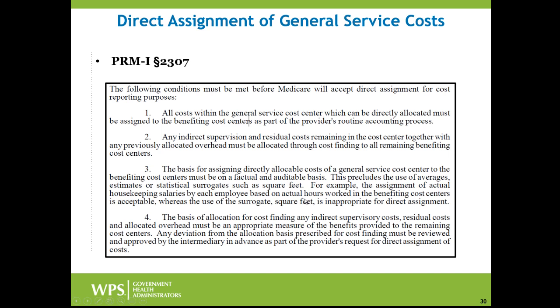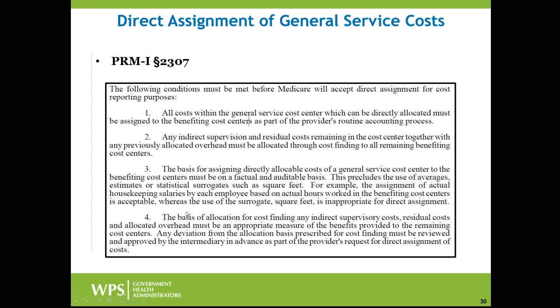You have to track the actual hours worked throughout the entire year, not some time study, not some estimate, the actual specific hours worked by that particular housekeeping employee in each of the different departments or cost centers throughout the year. If you know the actual hours and you can multiply it by that person's hourly rate, you have an amount that you can directly assign.